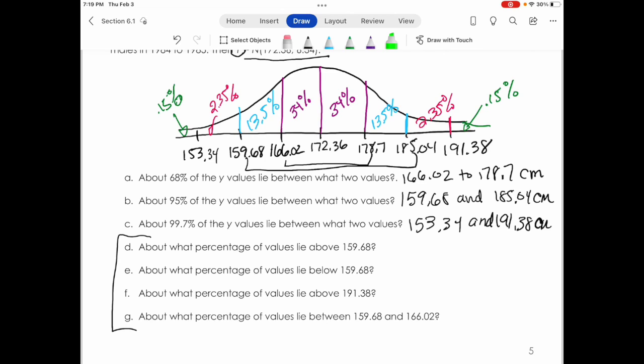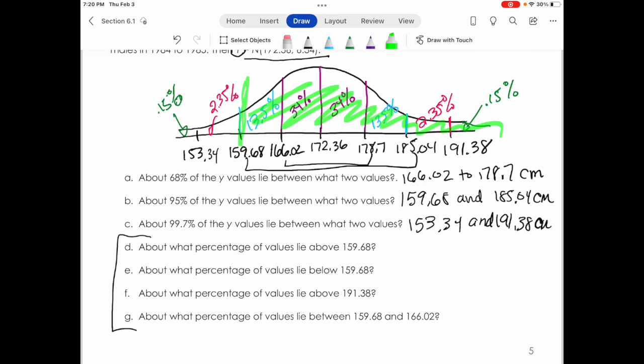So this says about what percentage of values lie above 159.68. So if we're looking at all the values that lie above 159.68, here's 159.68. We're looking at everything that falls in this category. So I would have to take all of those percentages and add them up to find out.